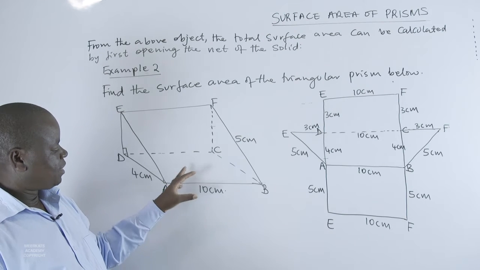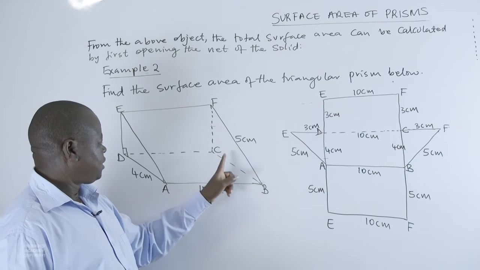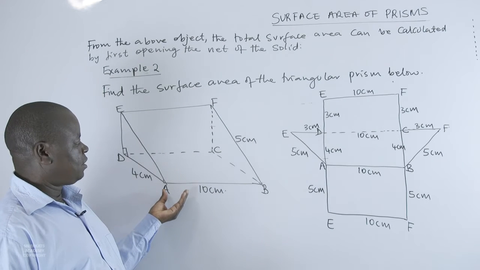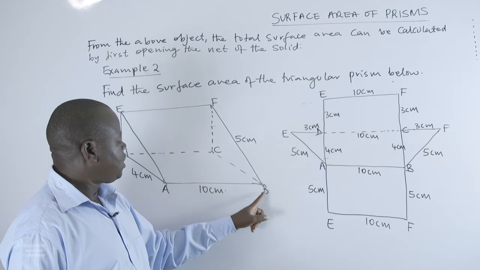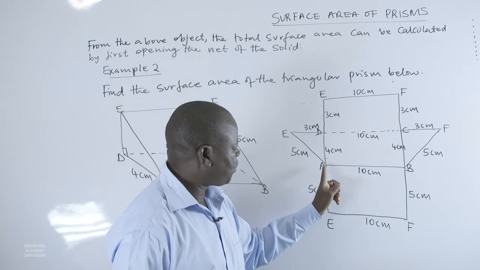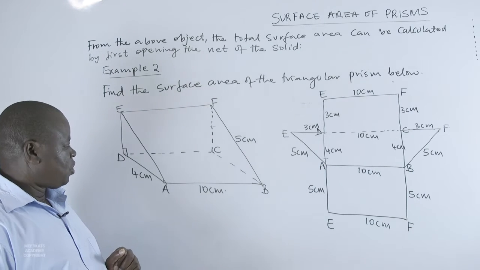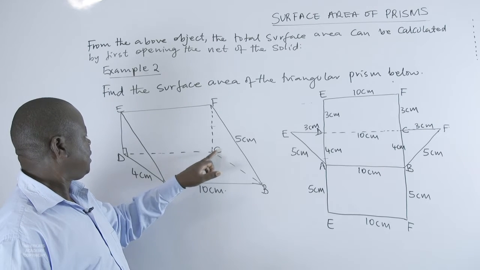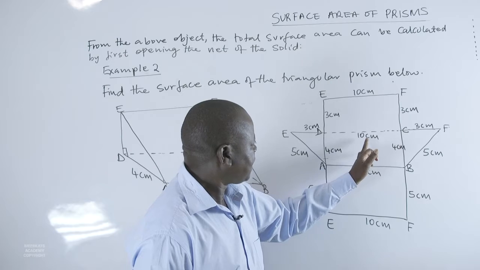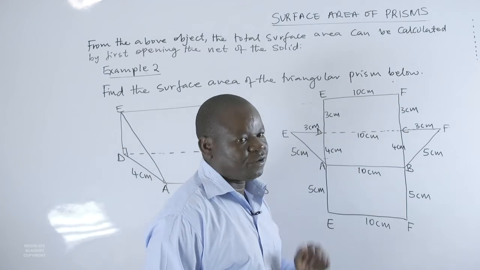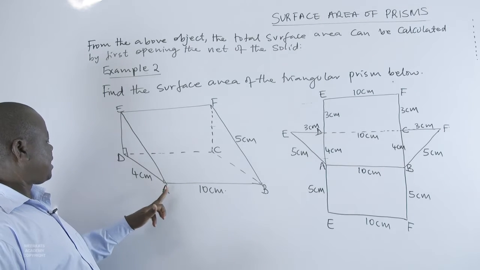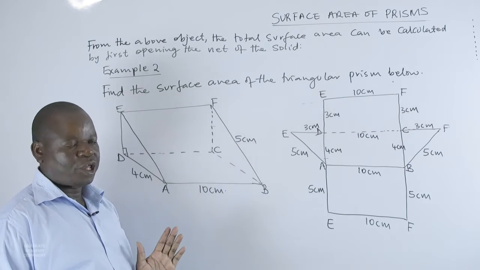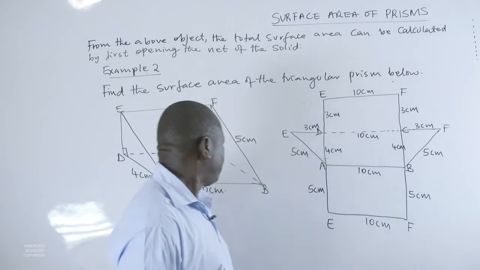So you can see that from the original figure we have A, B, C, D as the base, which is this one here, A, B, C, D. Then we have the slant plane, which is A, B, F, E, and this is the same plane, A, B, F, E. We have other planes, the hidden plane, which is C, D, E, F, and the same plane is here, C, D, E, F. We have the triangular planes, which is A, E, D, and it is here, A, E, D. The last plane is the other hidden triangular plane, which is B, C, F, and here we have B, C, F.